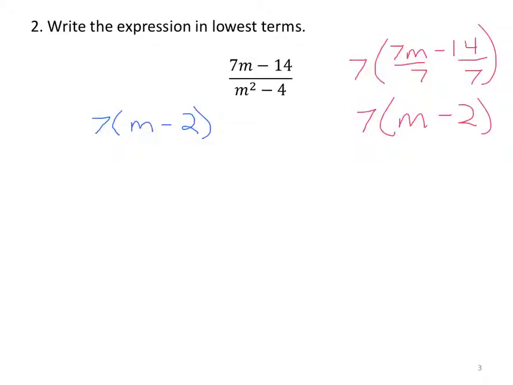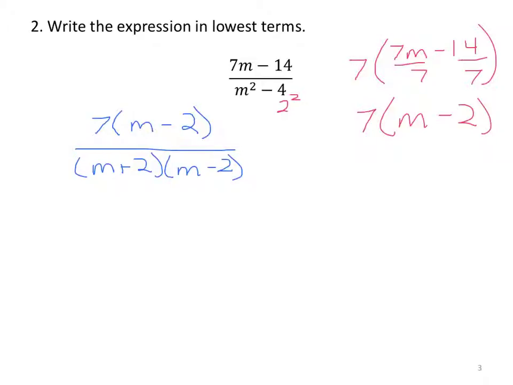Okay, so in the bottom we have a difference of squares. So we have m squared minus 2 squared, and so that's going to simply be m plus 2, m minus 2. So for a difference of squares, you add the bases and then you subtract the bases.